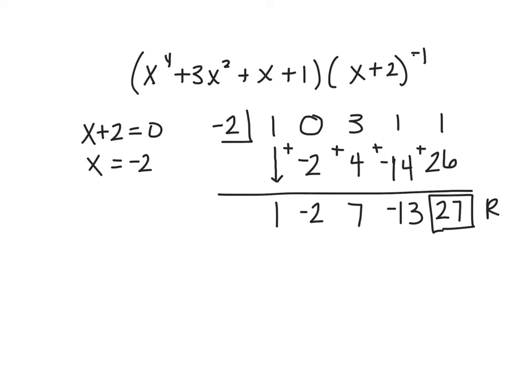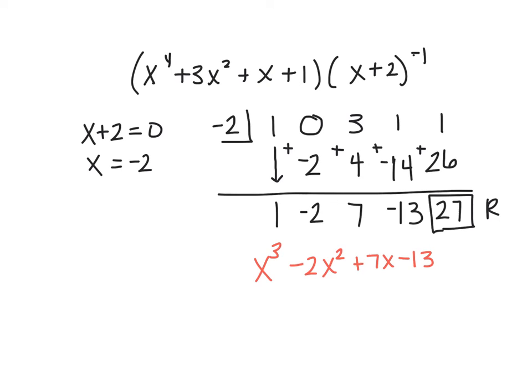So when we go to write our answer, remember that up here what we started with is x to the 4th. So we need to go down 1 degree. So we're going to start here with 1x to the 3rd minus 2x squared plus 7x minus 13.